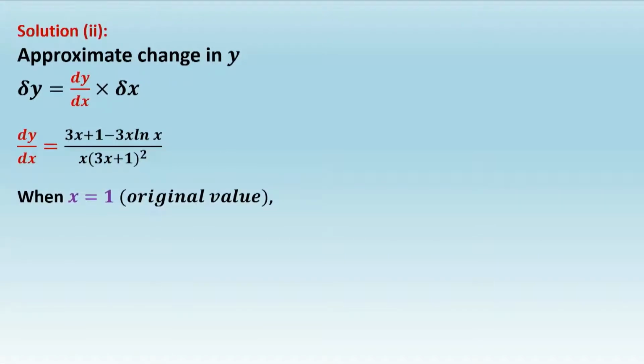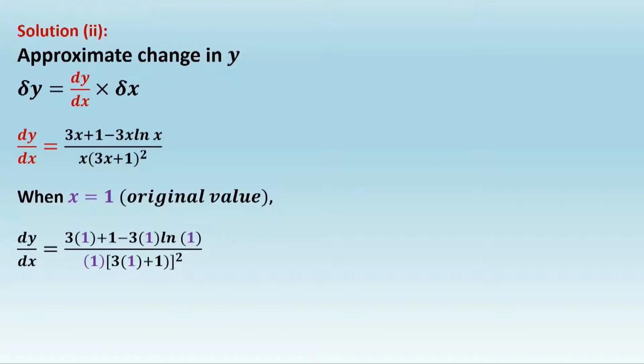When x is equal to 1, substituting the value, dy by dx is equal to 3 multiplied by 1 plus 1 minus 3 multiplied by 1 ln 1 over 1 multiplied by 3 multiplied by 1 plus 1 to the power of 2. Evaluating this, we get dy by dx is equal to 1 over 4.